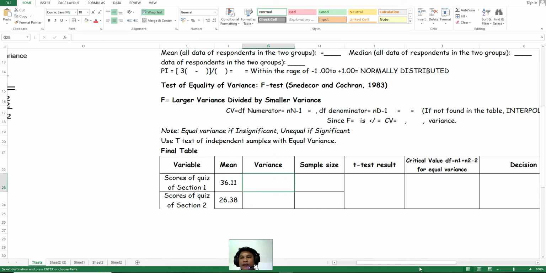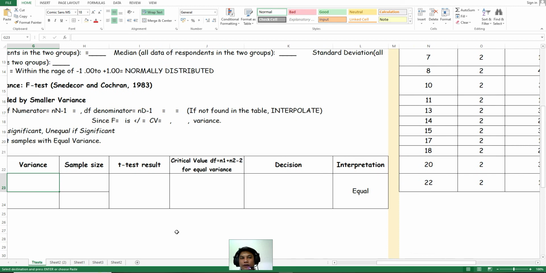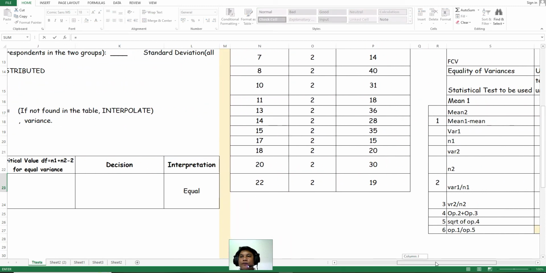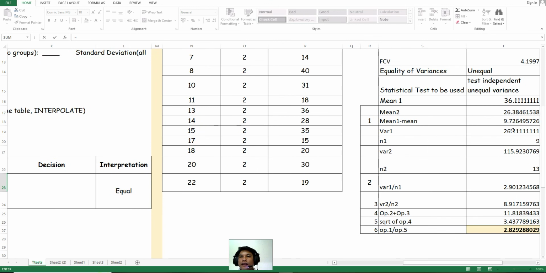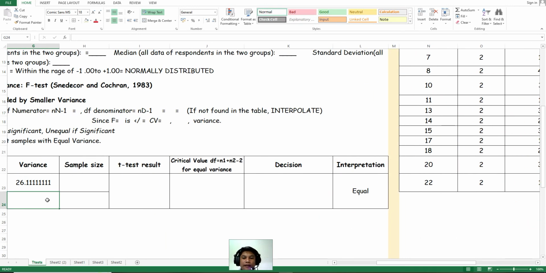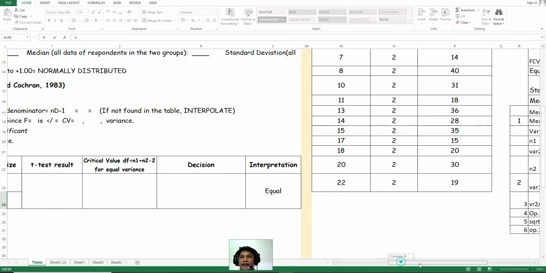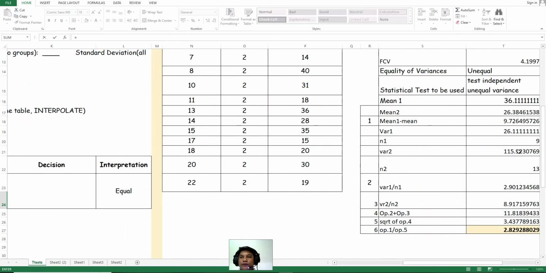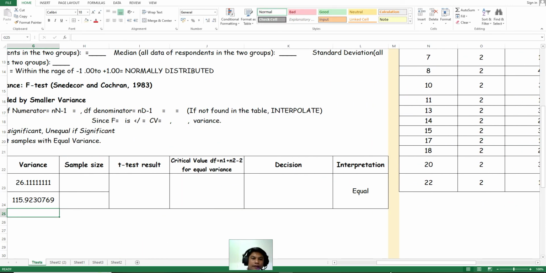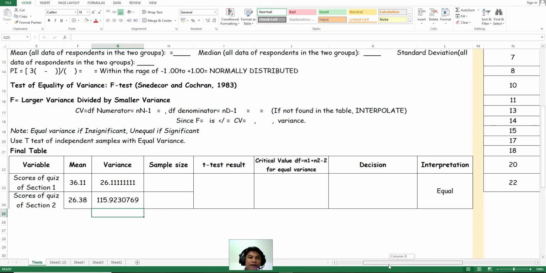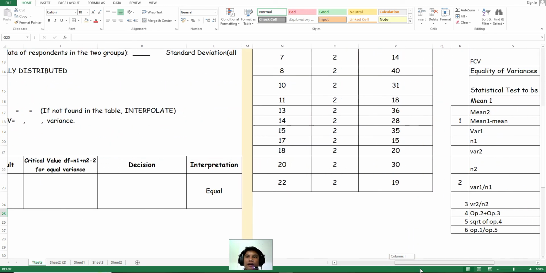You can also put equals the variance of the first group, which is var.1 here, enter. And then equals variance of the second group, which is var.2, enter. So this time, we have now the variances.